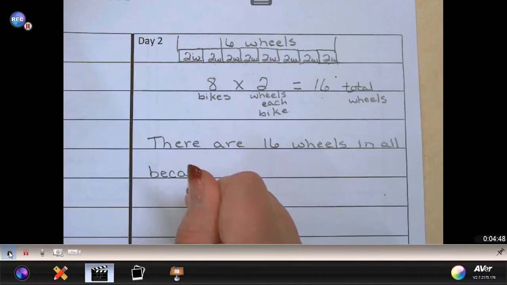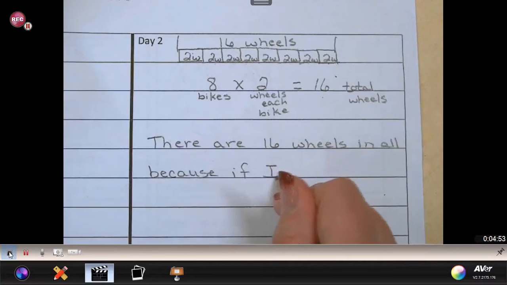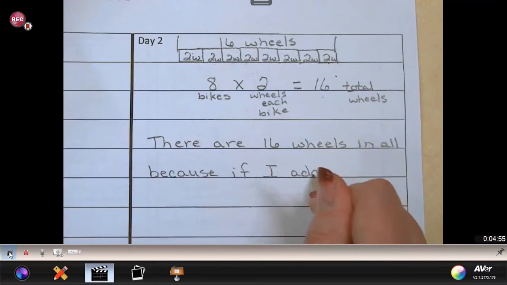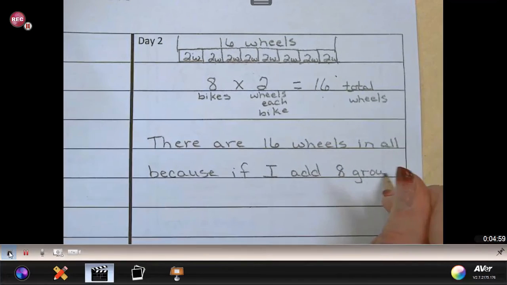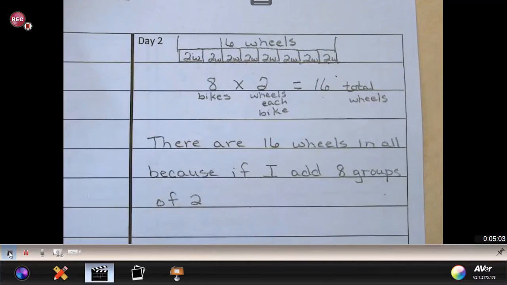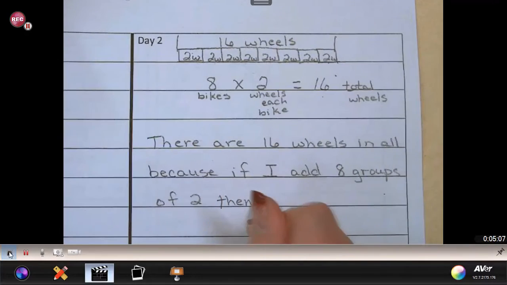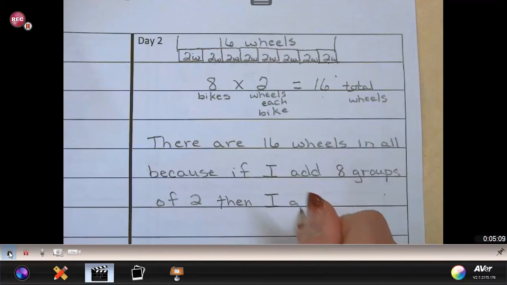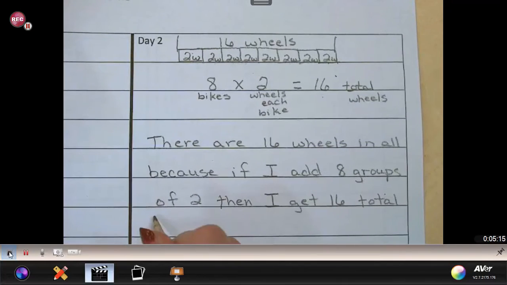Because if I add 8 groups of 2, then I get 16 total wheels.